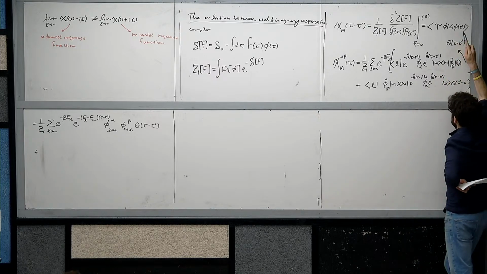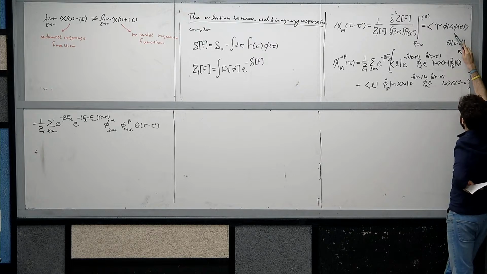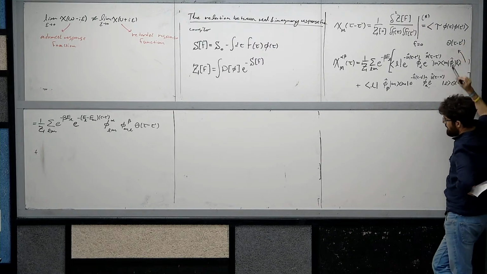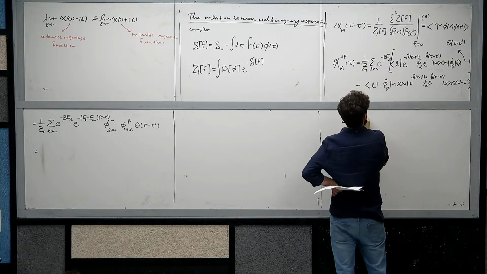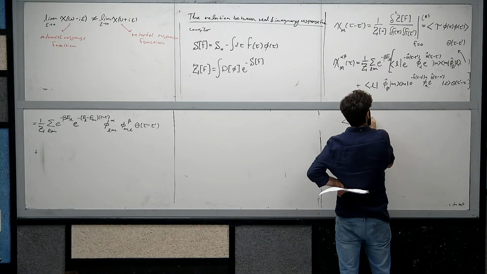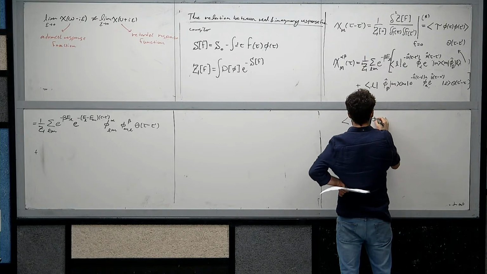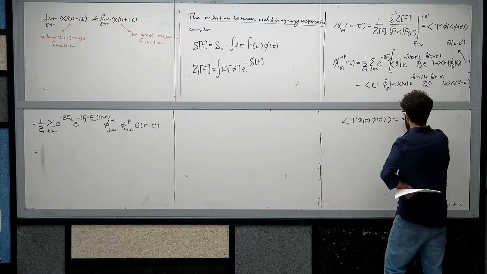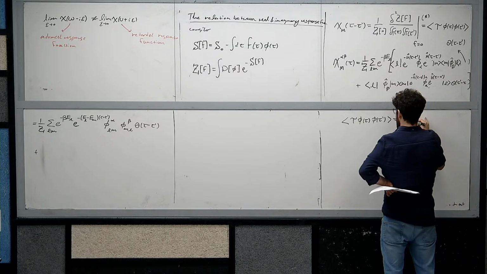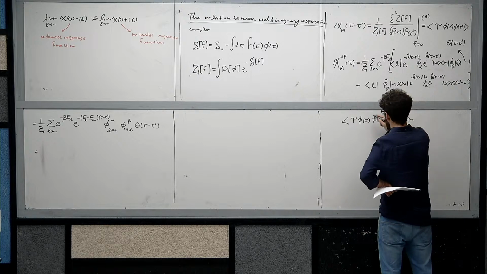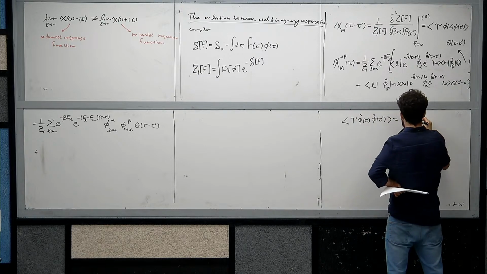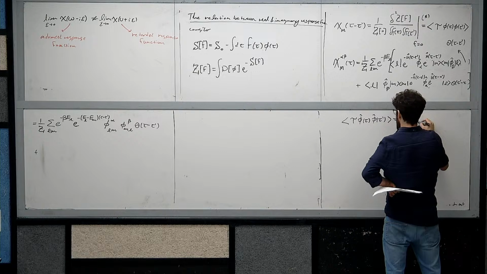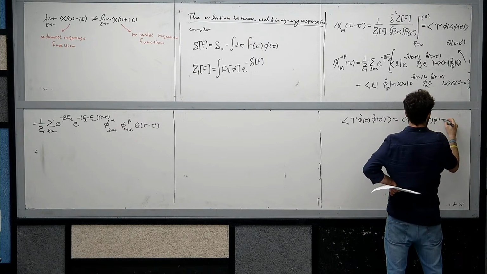Because here I'm invoking the fact, I'm claiming that this expectation value, I should have been more explicit. The first thing I want to claim is that due to time invariance, this is equal to phi of tau minus tau prime, phi of 0.